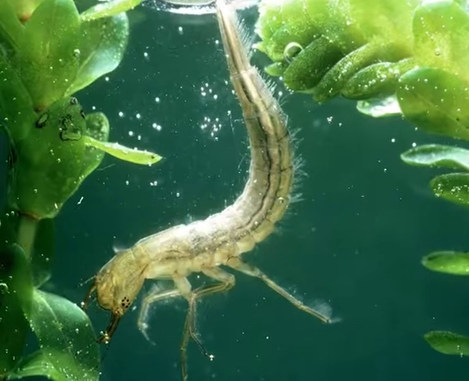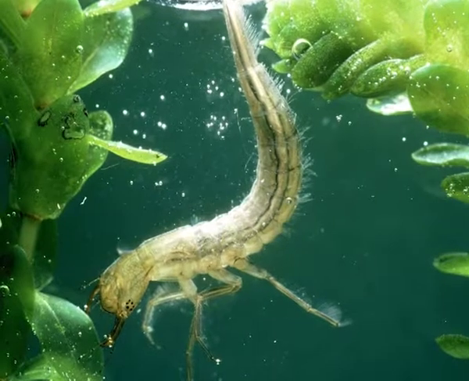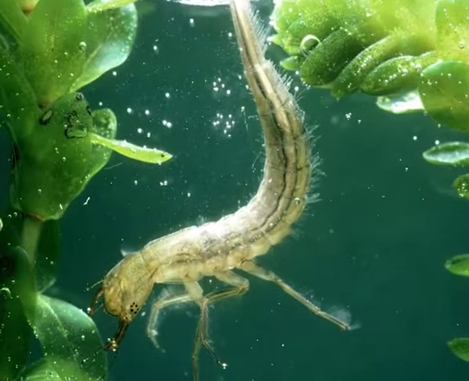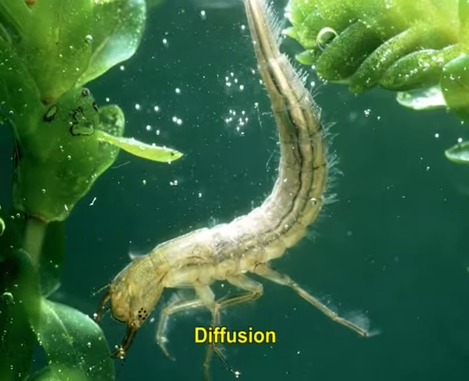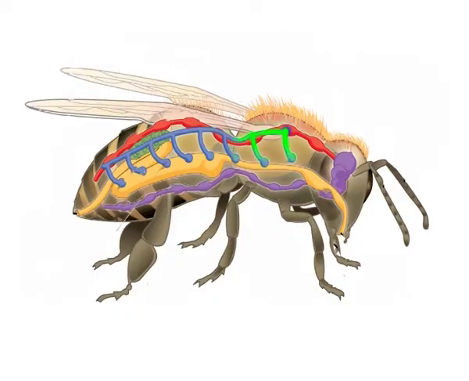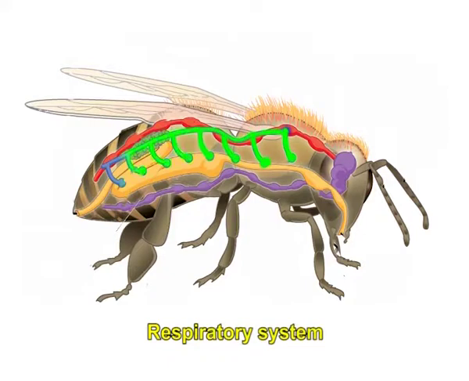Their cuticle is permeable to water and they obtain sufficient oxygen by diffusion across their cuticle. However, most insects have a special respiratory system comprising a system of internal tubes called trachea, which branch and rebranch. Very fine branches, tracheoles, penetrate individual cells.